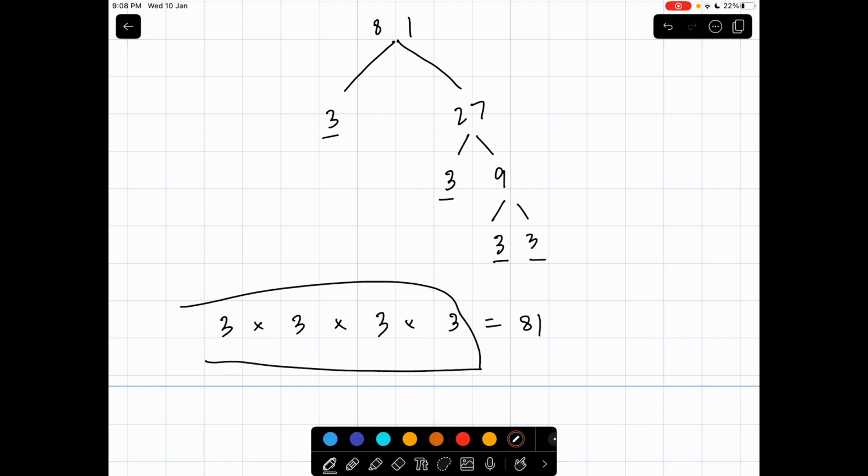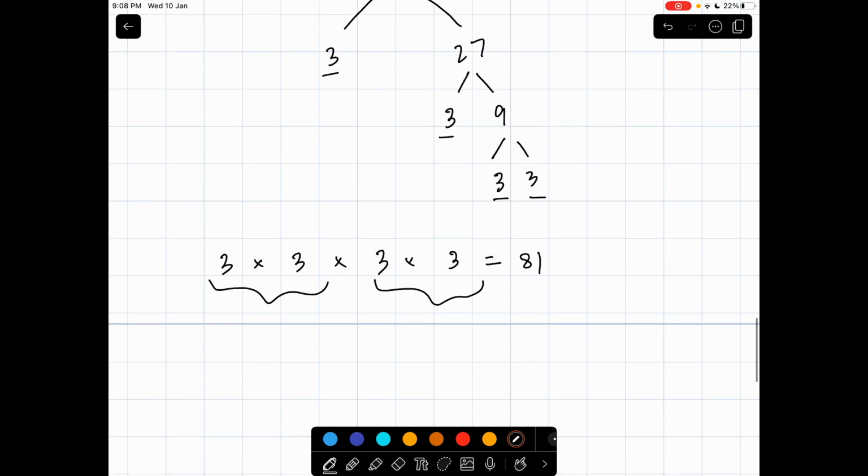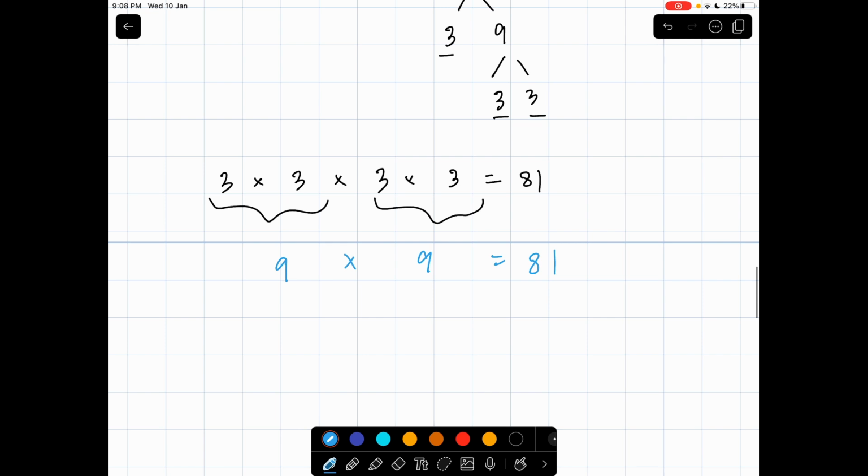If we have 4 and all of them are identical, we can just break them into 2 and 2. So if you see closely, you will get 9 times 9 equals 81, which can also be written as 9 squared equals 81.